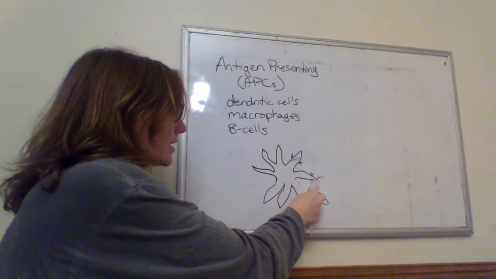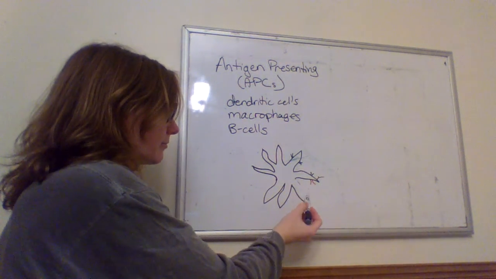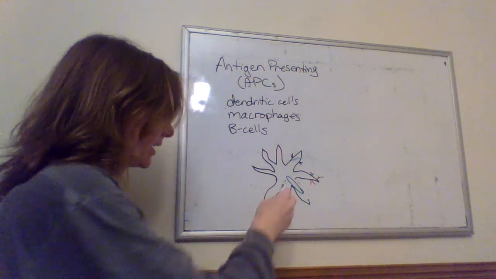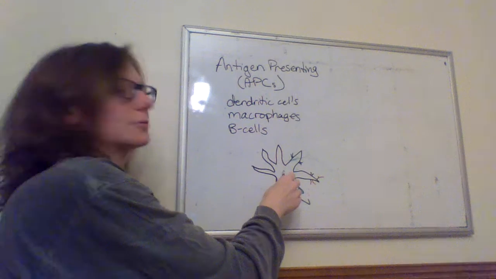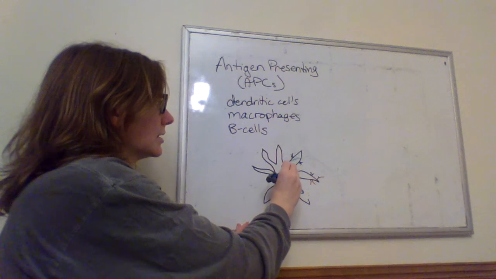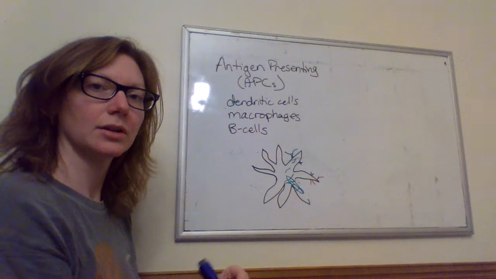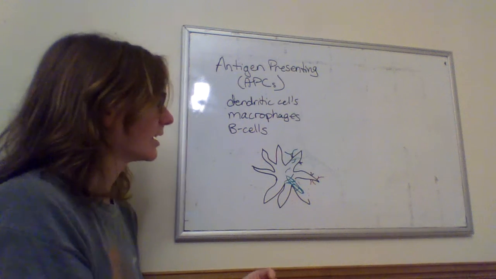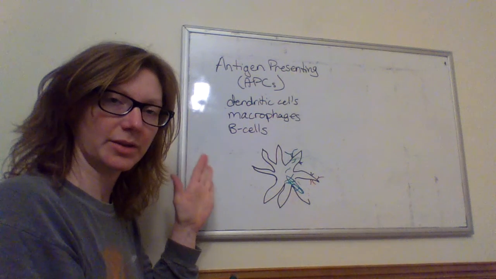And this dendritic cell is going to pull that bacteria into its cytoplasm. And then it's going to chop it up into little pieces. And then it's going to take one of those little pieces and present it up here on its MHC complex, sort of like raising its hand saying, hey, here's a thing, and it could be a bad thing.